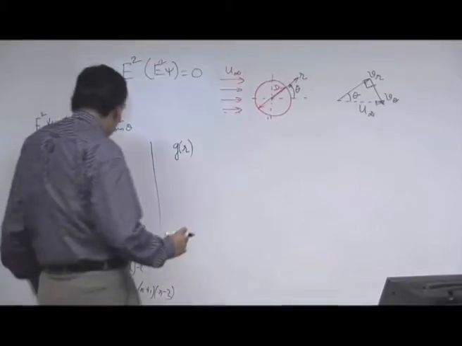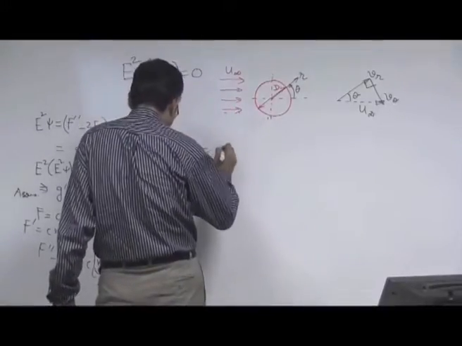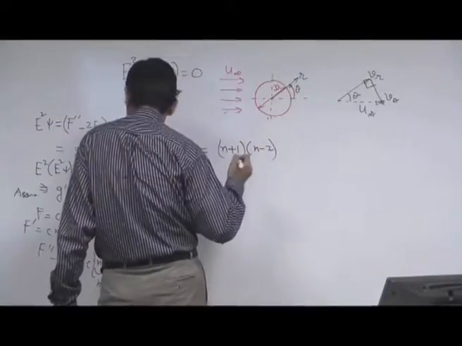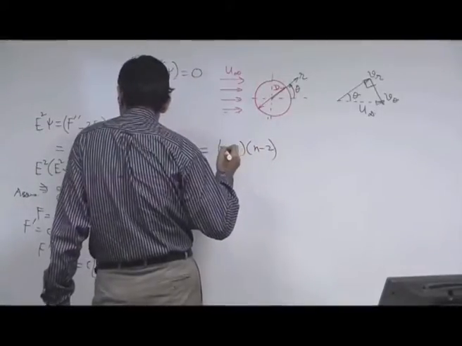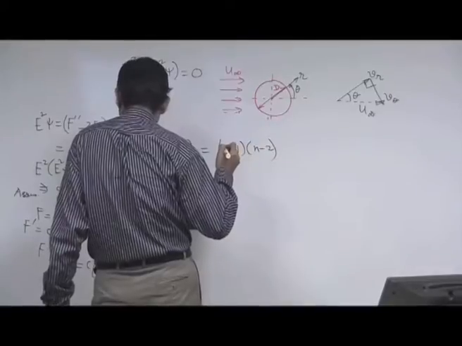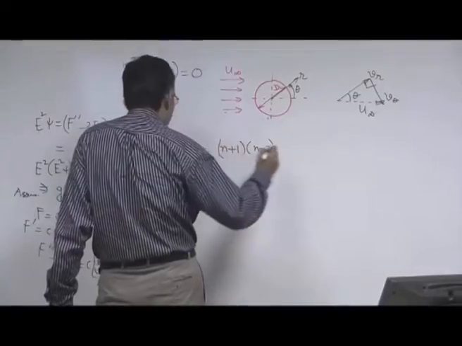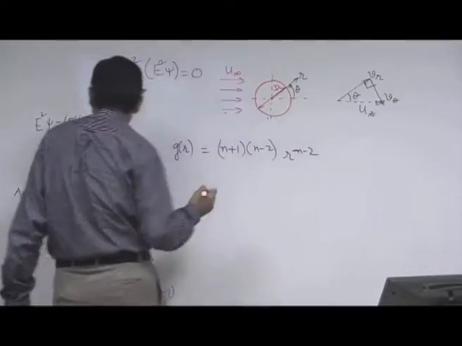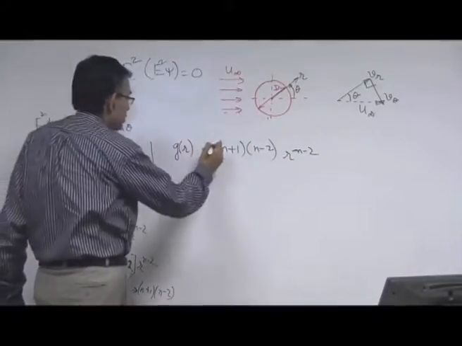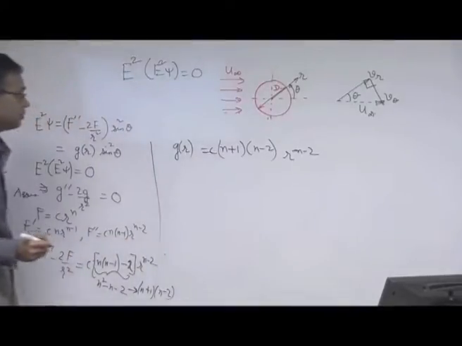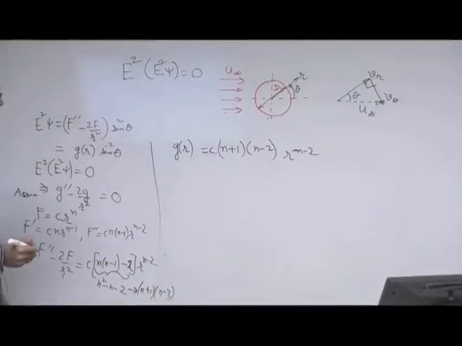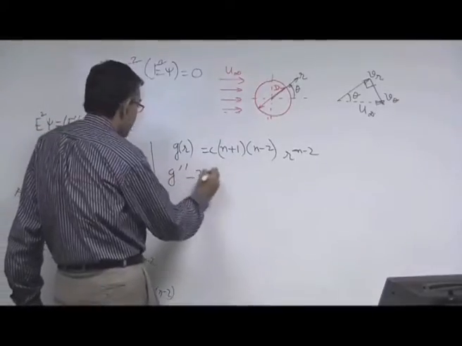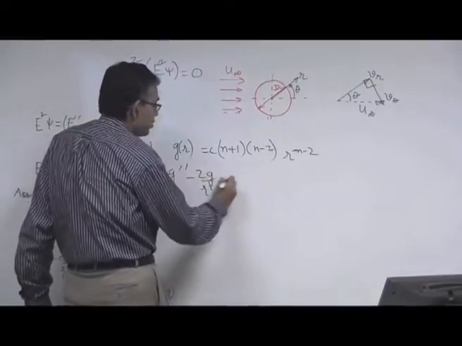F double dash minus 2f by r square is equal to n plus 1 into n minus 2 into r to the power n minus 2. There is a C. Then you have g double dash minus 2g by r square, that is equal to 0.